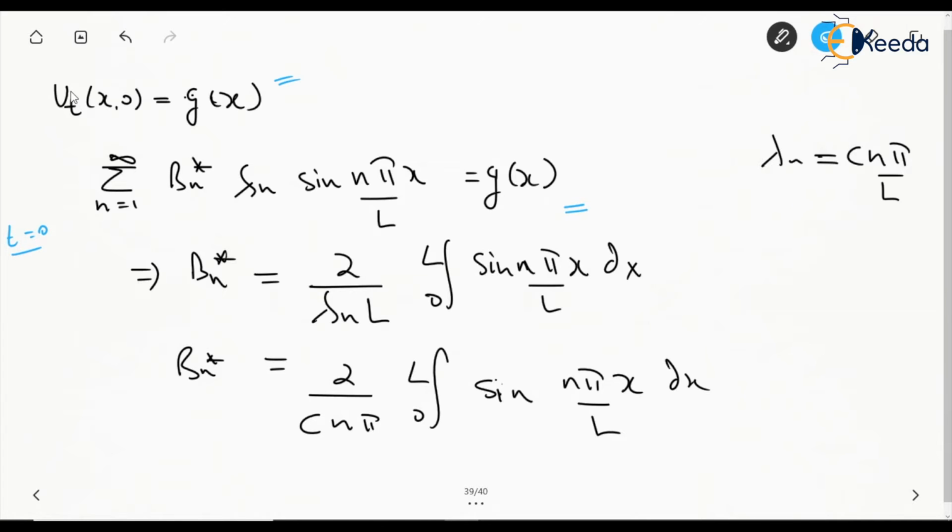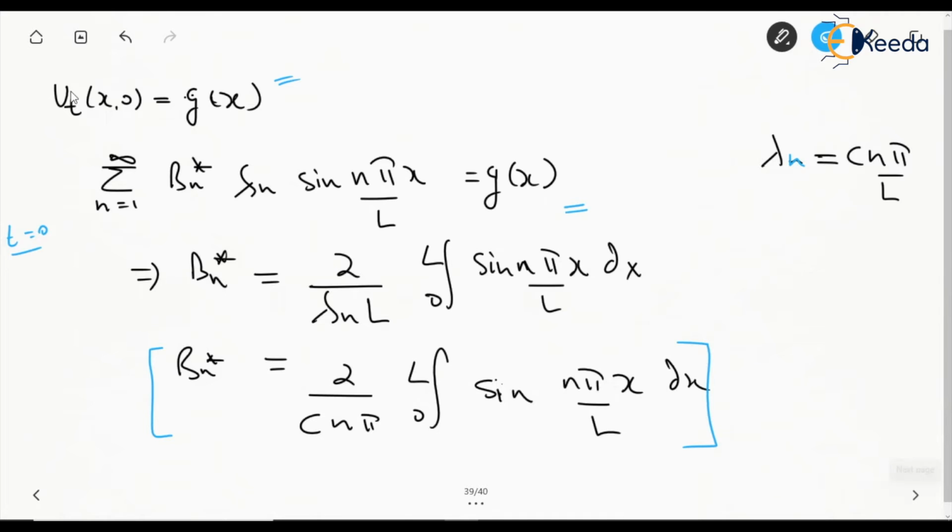So we have to remember this, right? Because lambda n is equal to c n pi by l. So after remembering bn, we need to remember this bn star, which is 2 by c n pi integration from 0 to l of this value sin n pi x by l. This is actually f of x, right? This is nothing but f of x.